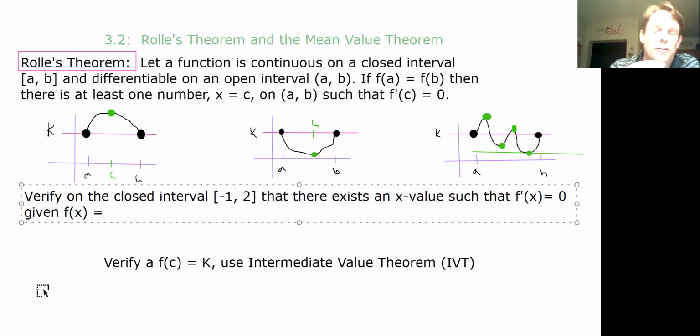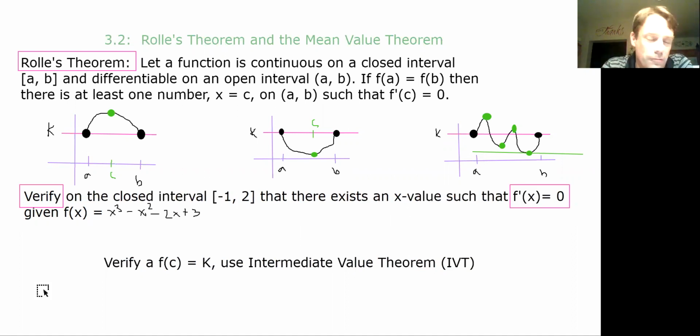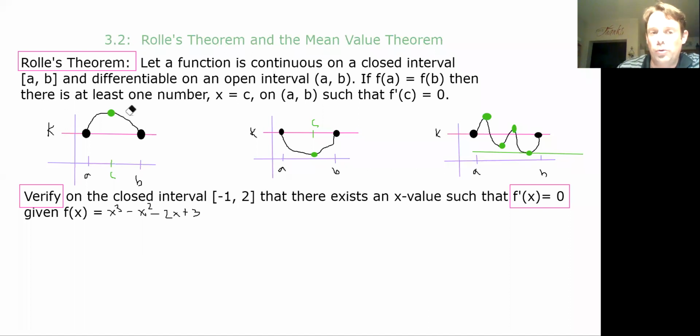So if we're verifying a function value, intermediate value theorem; verify a derivative equals 0, that's Rolle's theorem. There's another way we're going to see to do that in a second, but that's when Rolle's theorem applies, when you're trying to verify that a derivative equals 0.